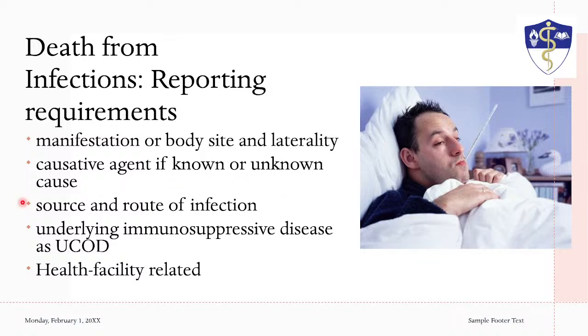So you place there unknown cause. Source and route of infection. Underlying immunosuppressive disease as an UCOD, undetermined cause of death. Health facility related. Am I saying the right thing?